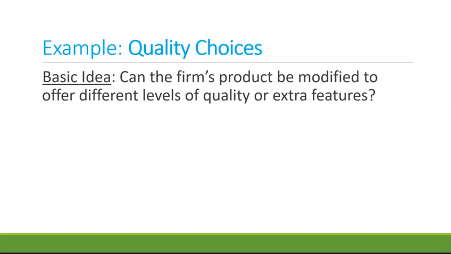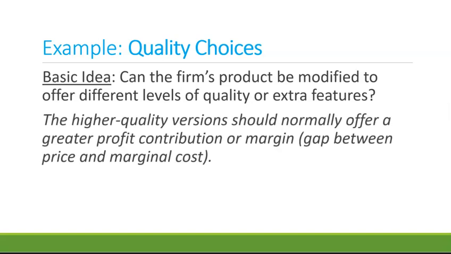Now, I'm going to claim, you can see if you can come up with any exceptions, that the higher quality version we've got, the greater the profit contribution that we should get from that.